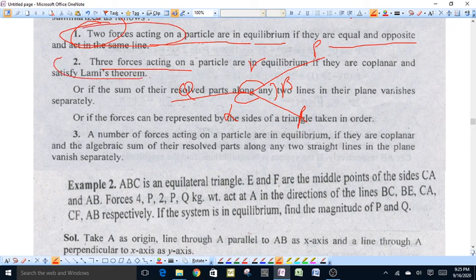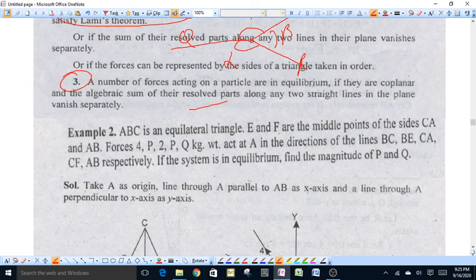Second, if we have three forces acting at a point, then these forces must satisfy Lami's theorem. Third, if we have any number of forces acting at a point, they will be in equilibrium if they are coplanar and the algebraic sum of their resolved parts along any two mutually perpendicular directions is separately 0. These are the three conditions for the equilibrium of forces.